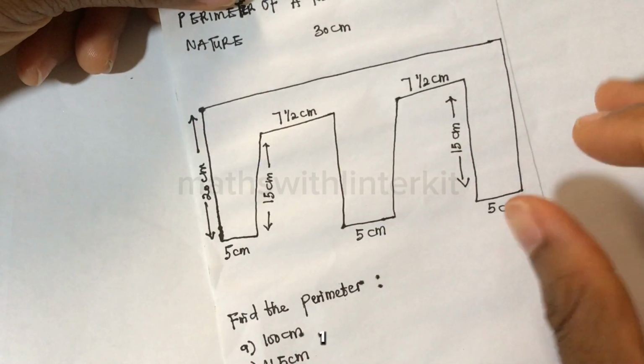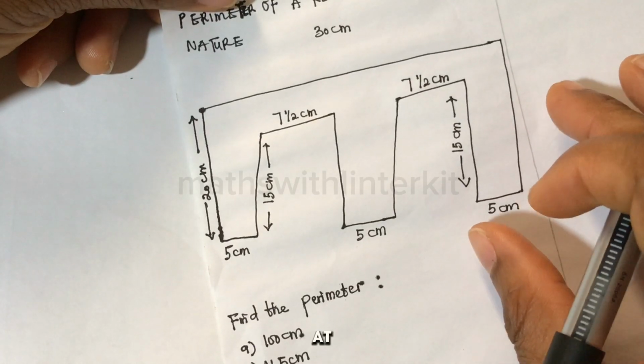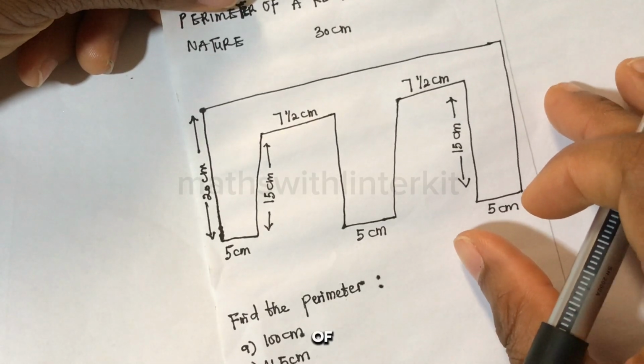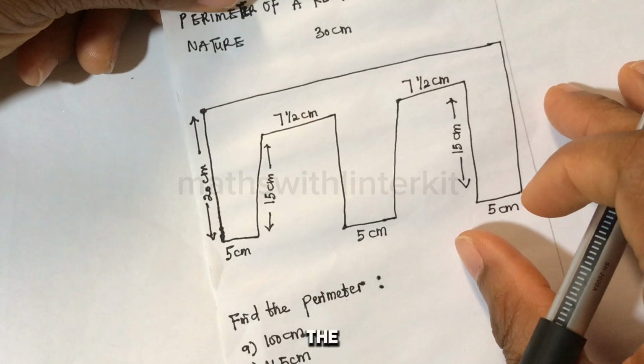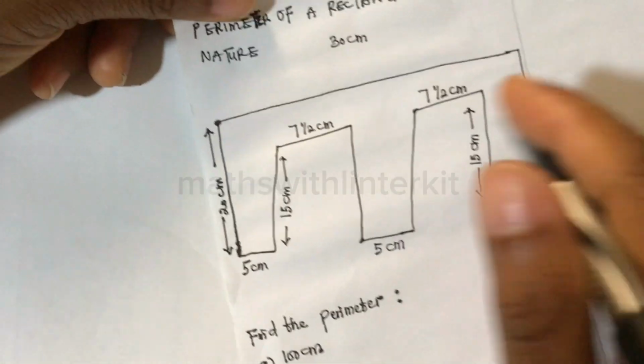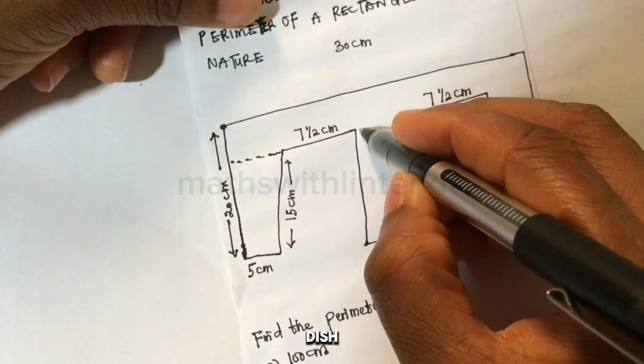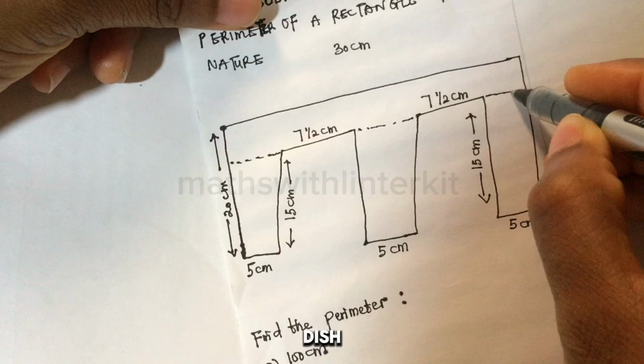So step one, take a critical look at the diagram. From the look of things, I can divide this shape into rectangles. We have this, this, and this.